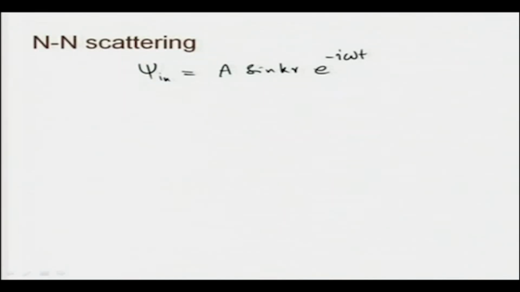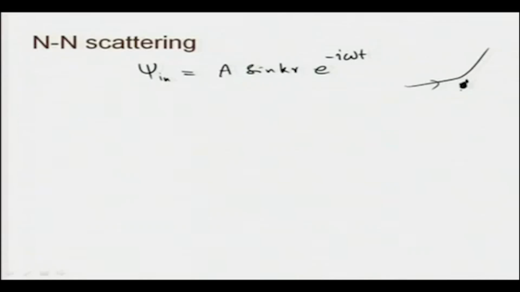So, if we consider some potential scattering, some particle scattering or a quantum mechanical wave function scattering by a potential at the scattering center, then we can in principle analyze the scattering in this fashion. We have an incoming wave, which let us write down as A sin k r e power minus i omega t, where now r is the radial distance from the scattering center.